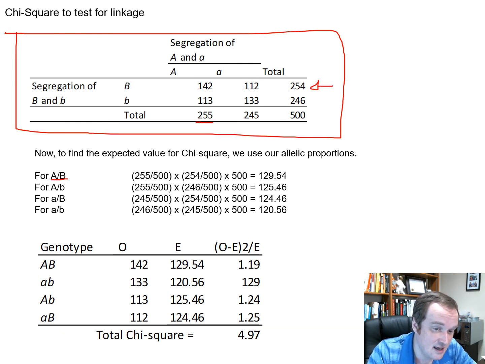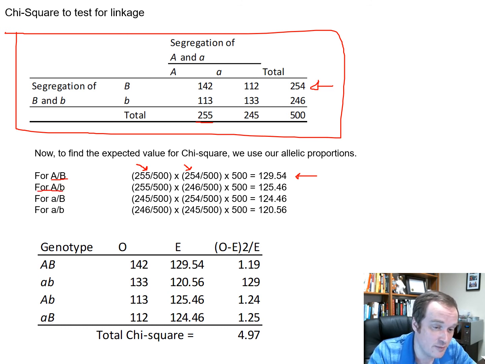So we take our big A and make that into a proportion, so 255 out of 500. And we take our proportion for big B, 254 out of 500, and then we multiply that times our total population, and we would expect, everything being equal in Mendelian ratio, that we'd have 129.54 individuals that would have a big A and a big B.